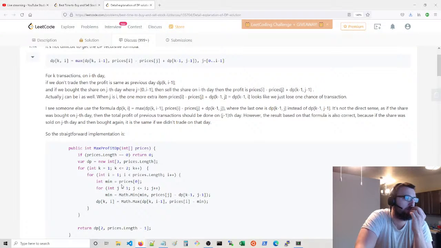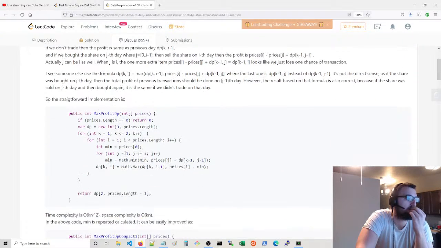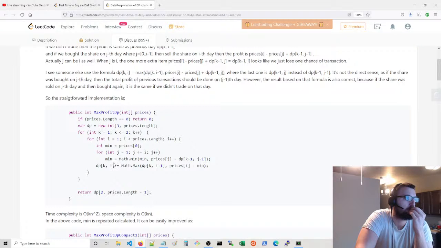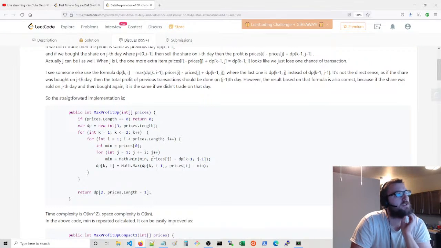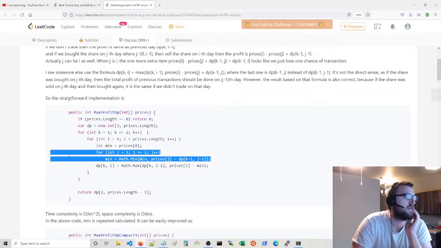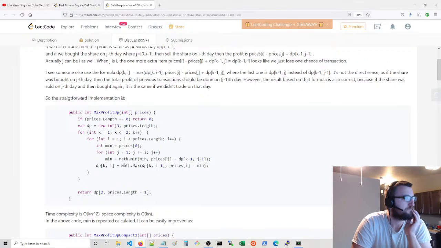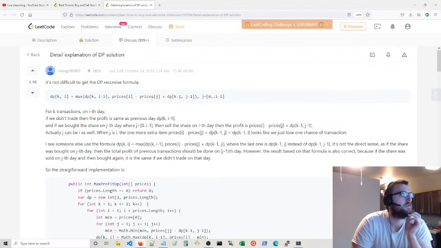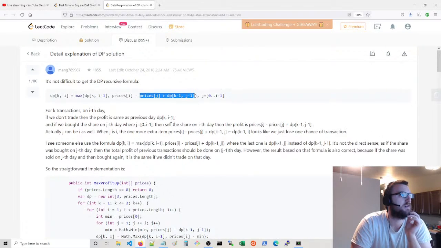Okay, and then you take the minimum, and let min be Math.min(prices[j] - dp[k-1][j-1]). We'll come to that in a second, I'll explain that in a moment. And then dp[k][i] is Math.max(dp[k][i-1], prices[i] - min), which is, oh, I see.